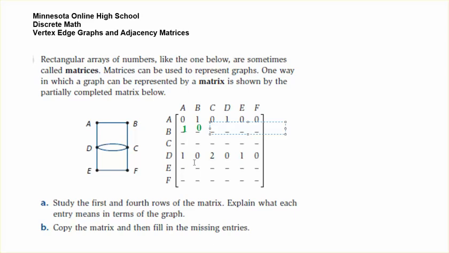B and C are connected by one line. There's a 1. B and D are not connected at all. 0. B and E are not connected. 0. And B and F are not connected. That's also a 0.